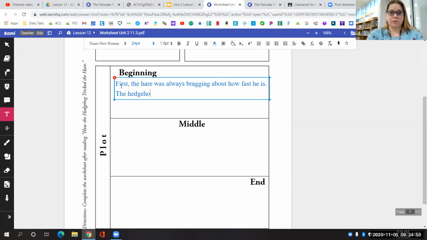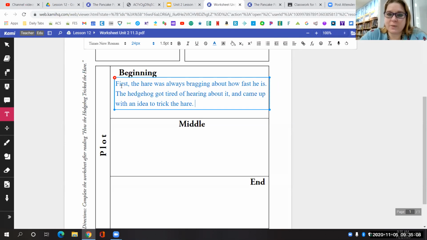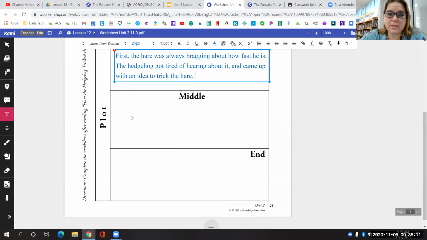The hedgehog got tired of hearing about it and came up with an idea. Trick the hare. All right, so that's what happened in the beginning. And then what happened in the middle of the story?